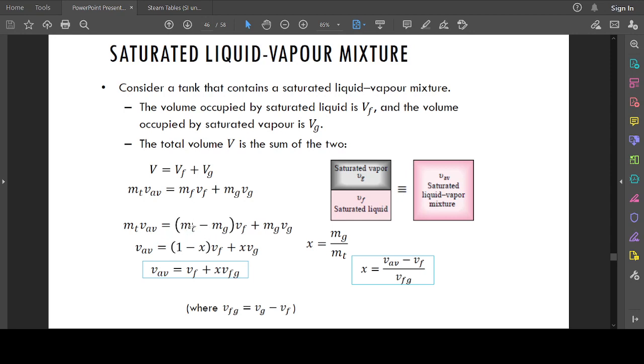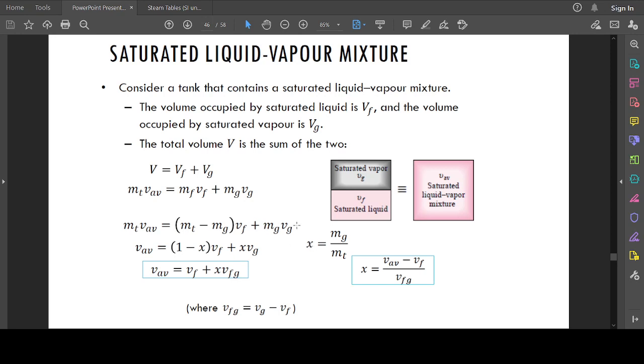The total mass of the system is equal to the mass of the fluid plus the mass of the gas. Then making Mf the subject, it becomes the total mass minus the mass of the gas, or the vapor in this case.